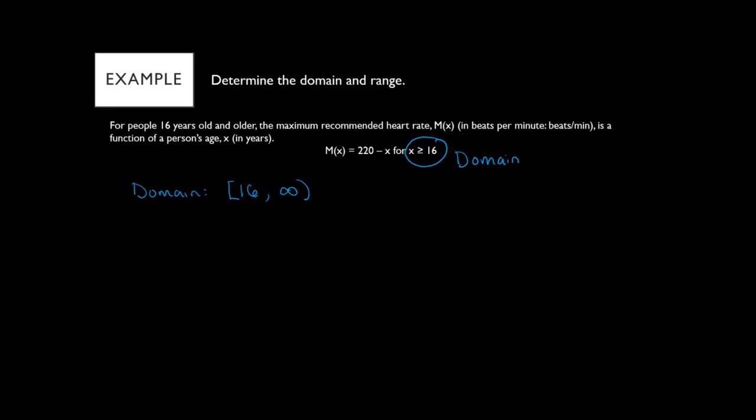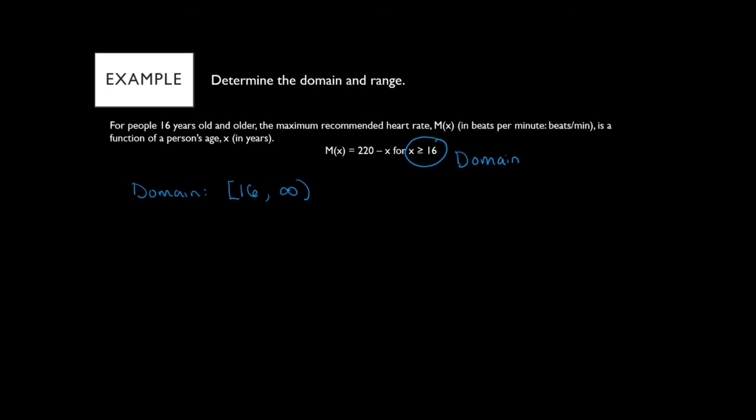Now, if you look at it further, they don't give us an endpoint for the age, but there is going to be an endpoint because humans don't really live forever. I think the maximum is 120 that somebody's lived, maybe older, but most people don't live that long.